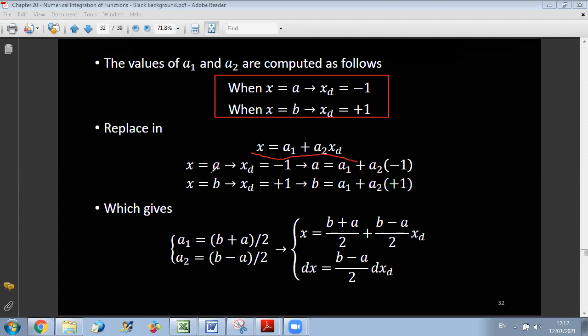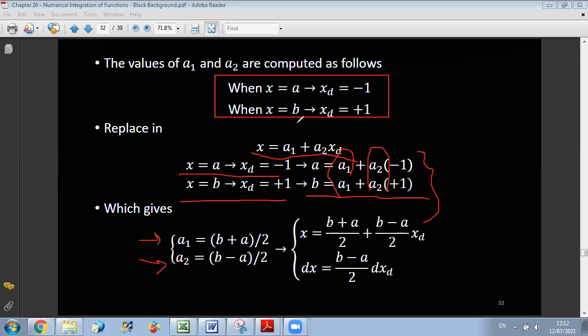The first condition gives a equals a1 plus a2 times minus 1, while the second gives b equals a1 plus a2 times 1. The two unknowns are a1 and a2. By solving this system, we get that a1 is equal to b plus a over 2, while a2 is b minus a over 2.